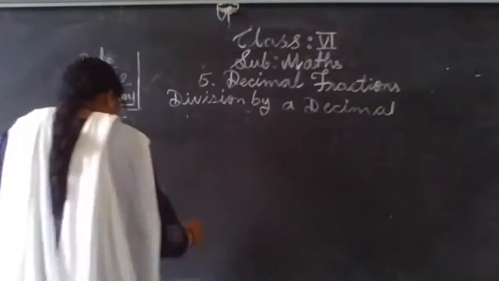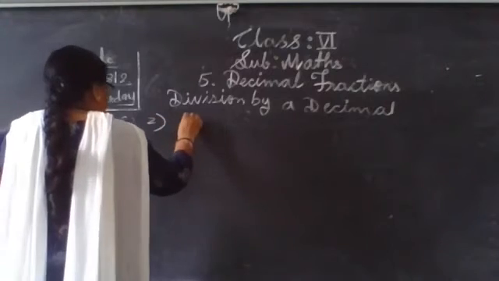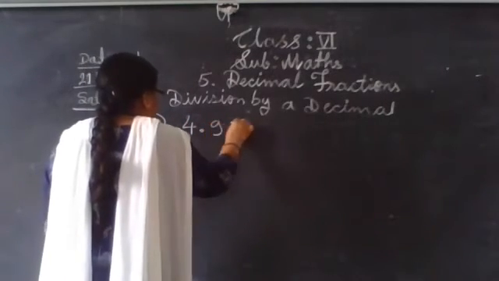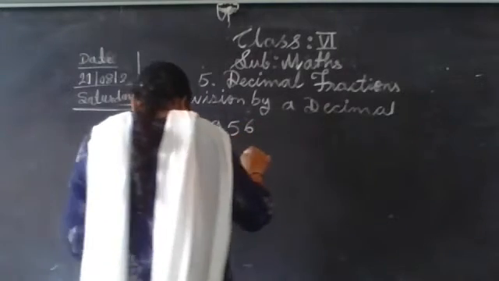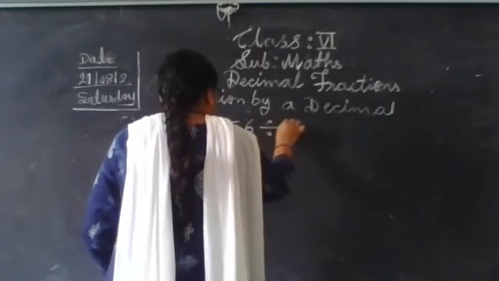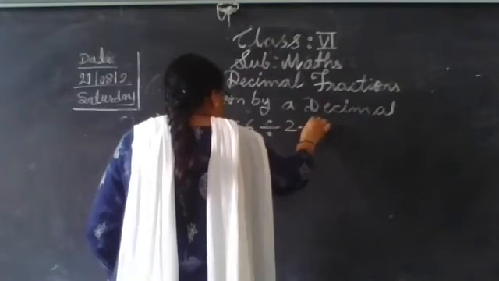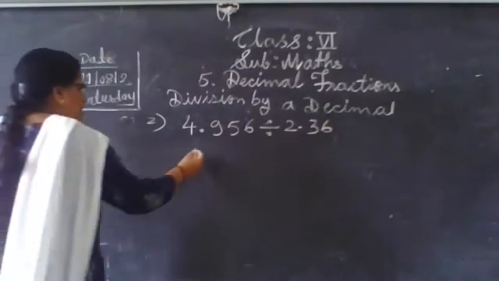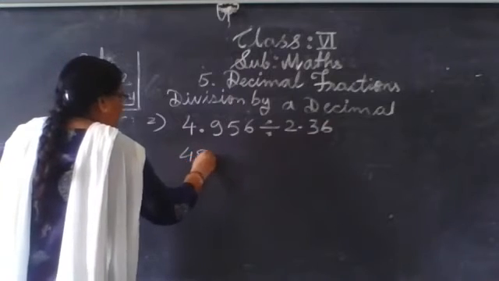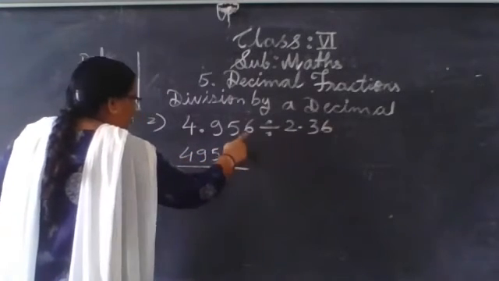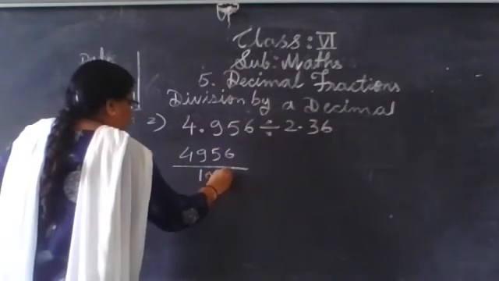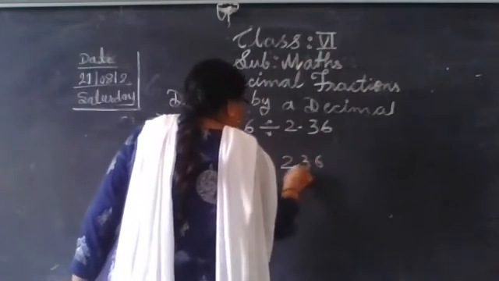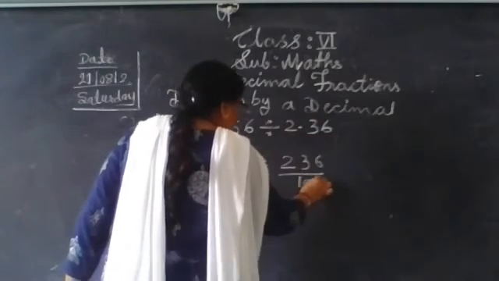See, the question is 4.956 divided by 2.36. Okay, so again we will do the same thing. 4956 divided by 1000, divided by 236 divided by 100.